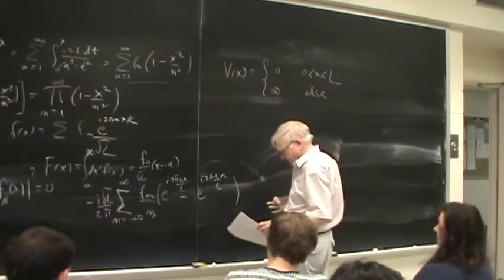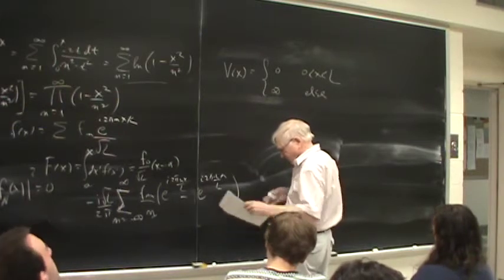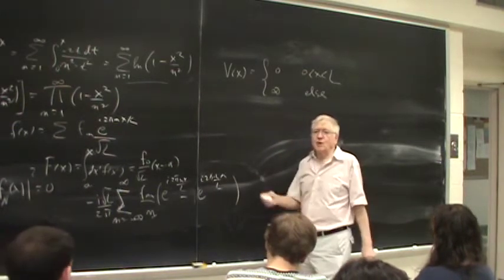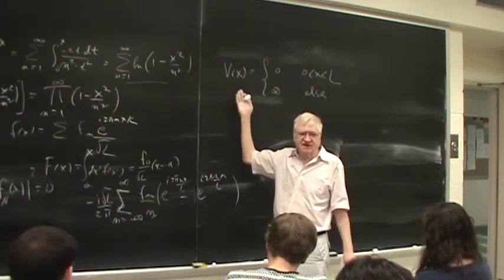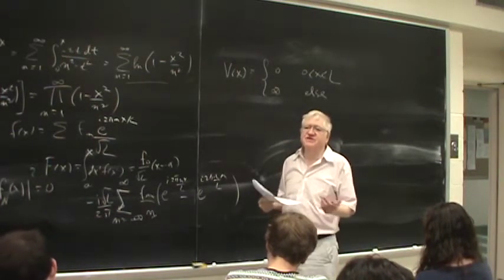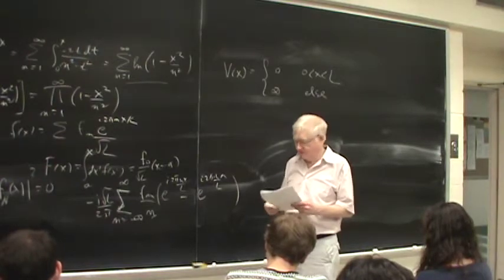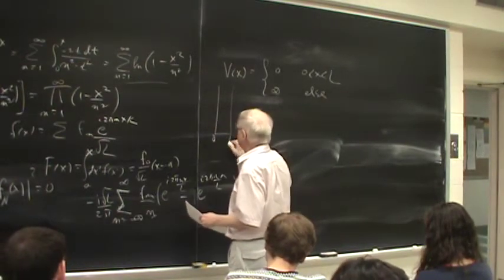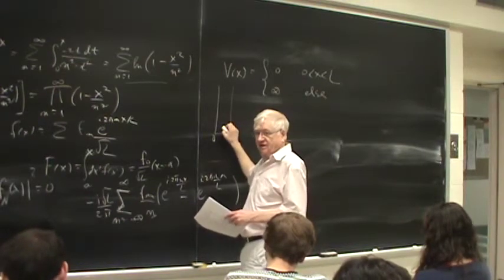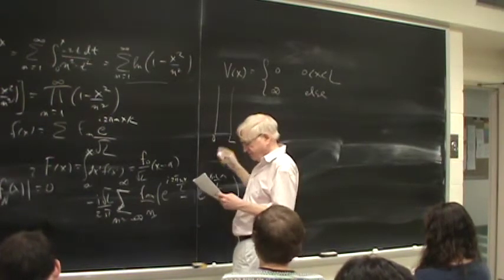So we've got an interval in which the potential is 0, otherwise the potential is infinite. And what does that mean? That means that the particle has to be in this infinite square well. This is called an infinite square well. So the potential looks like this: 0, L. So the particle's in here, classically and quantum mechanically.